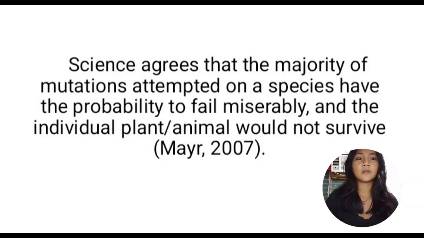So of course, when creating these GMOs, you are genetically modifying or engineering the DNA or a part of a species, a plant or animal, and there is a major chance of failing, which would mean that the plant or animal used to test and create these GMOs would not survive.